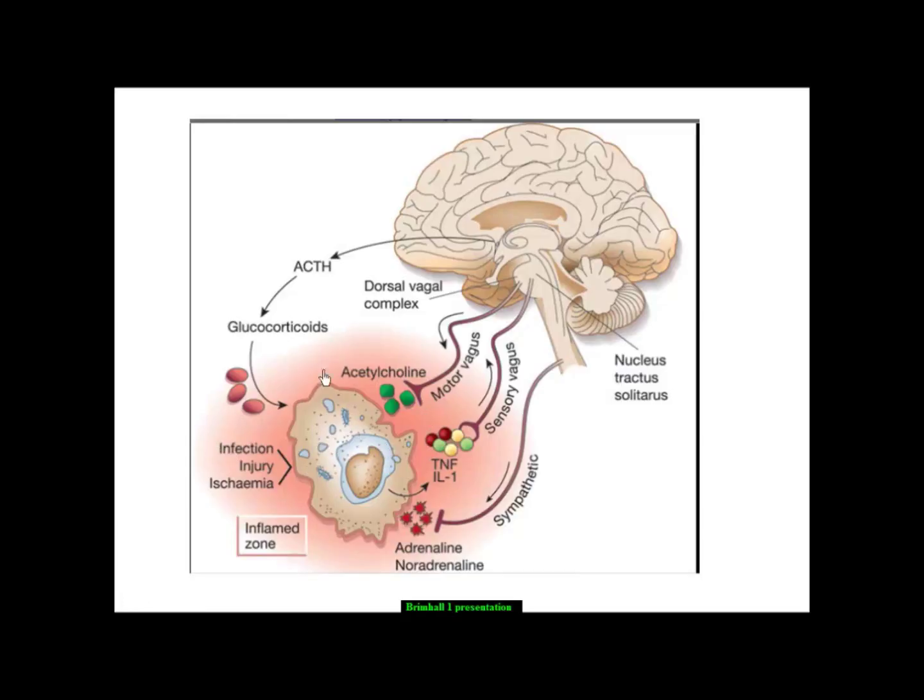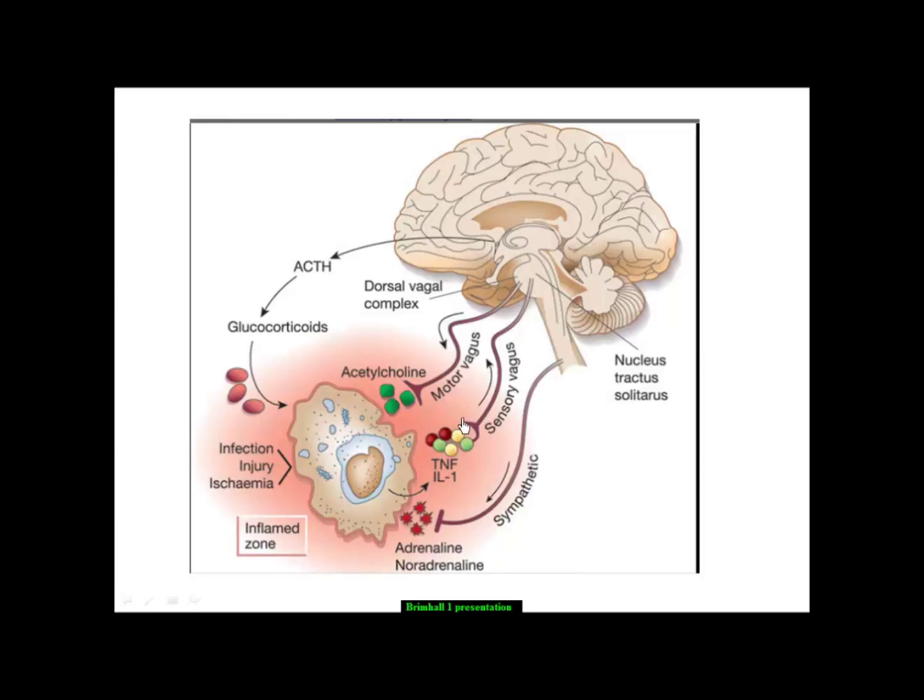And we have a mechanism to regulate that that's a very, very quick system. So we can sense that in the tissues, our vagus nerve senses that there's a problem, and so it sends its information to the brainstem.